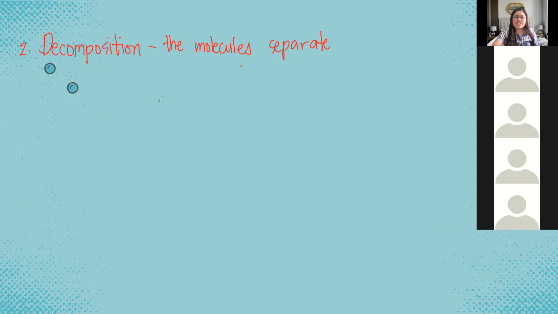So kabaliktaran siya. If you have a compound AB, pag sinabing decomposition reaction, it will decompose, maghihiwalay ang components niya. So you have A plus B. Kaya sinabi ko na this is the complete opposite of the synthesis or the combination reaction.